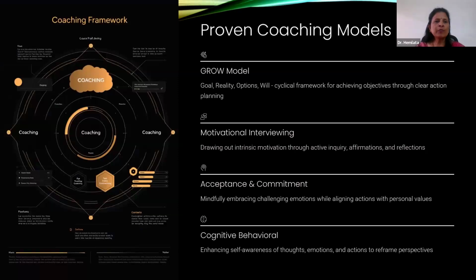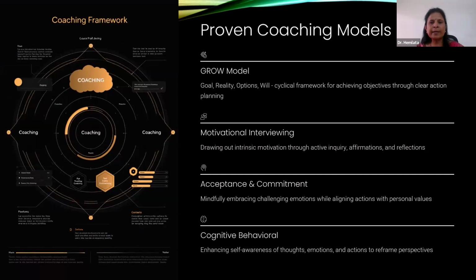Proven coaching models. There are a few models which we talk of. The first one is the GROW model, which generally all leadership coaches are using to develop future leaders, like CEOs and all. Till that level, the GROW model is being utilized, which says goal, reality, options, and will. So in this model, the goal is communicated, which is obviously SMART.